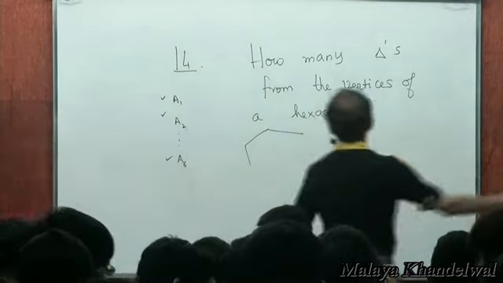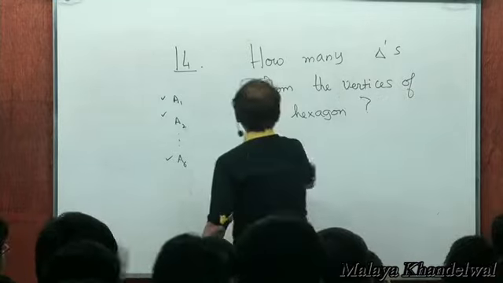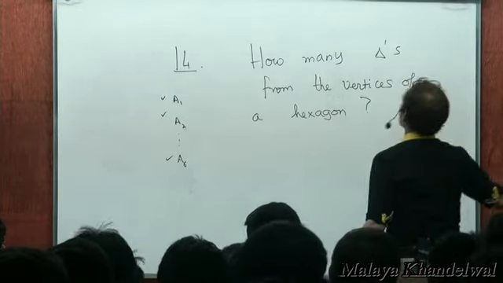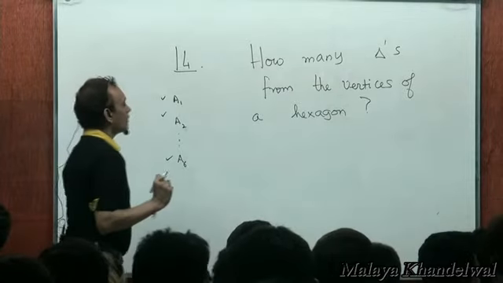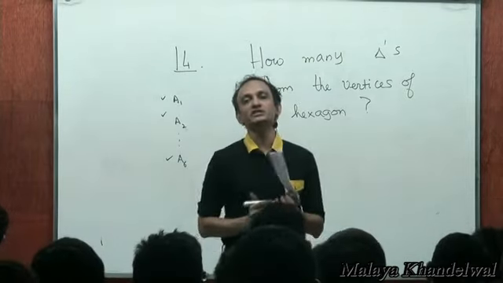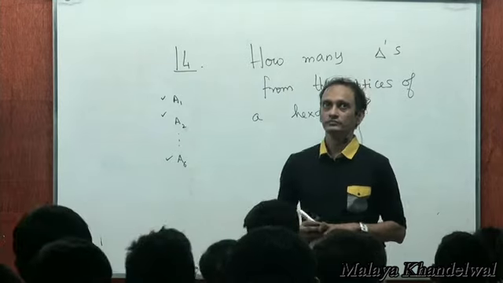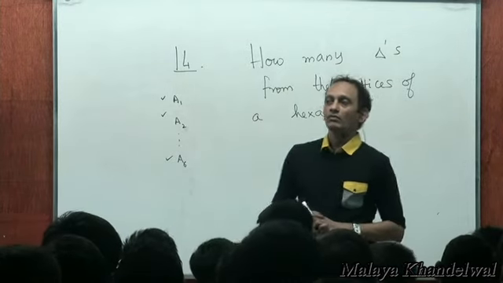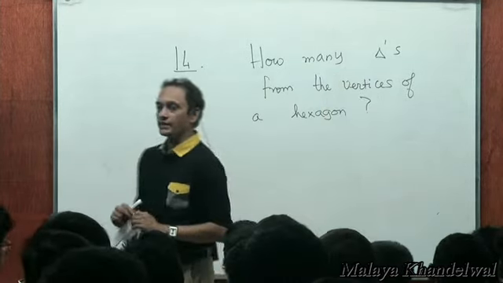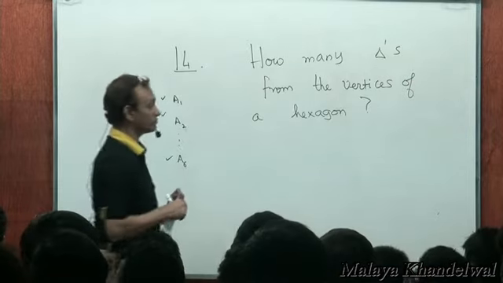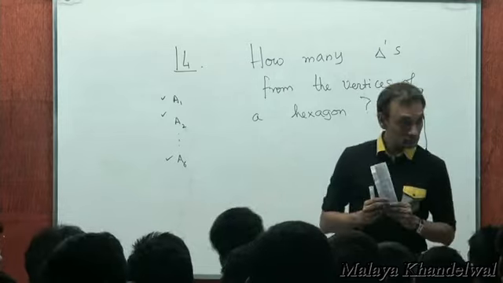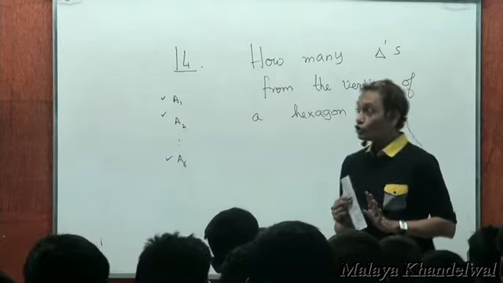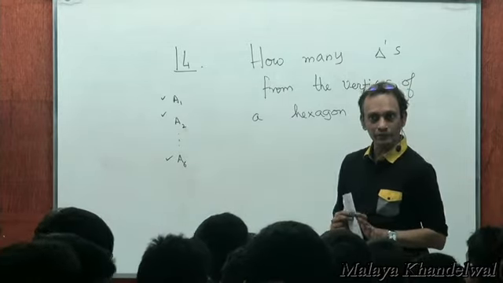So, now, how many triangles could be formed out of the vertices of a hexagon, say? So to create a triangle, what would you need? 3 vertices would be required, right? 3 vertices would be required at a time, right?